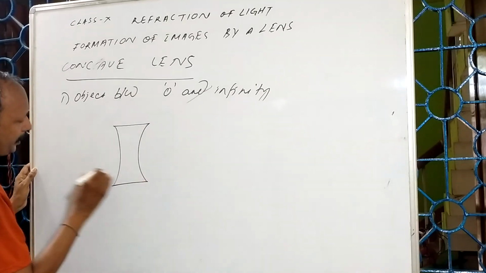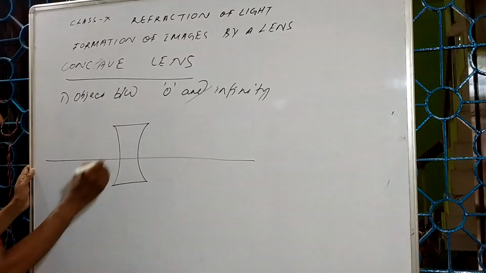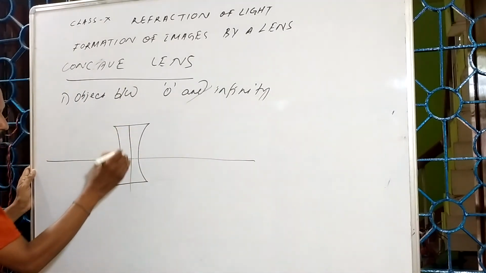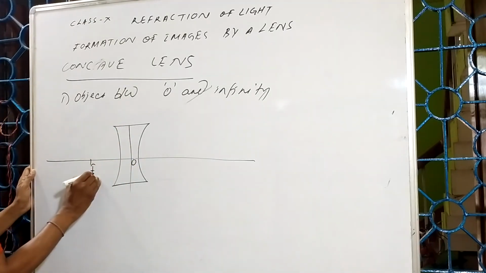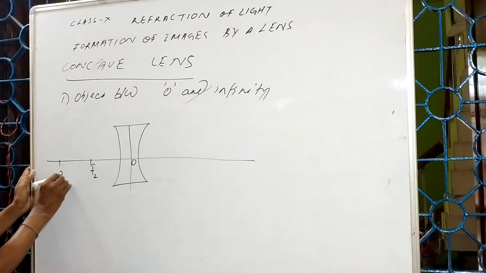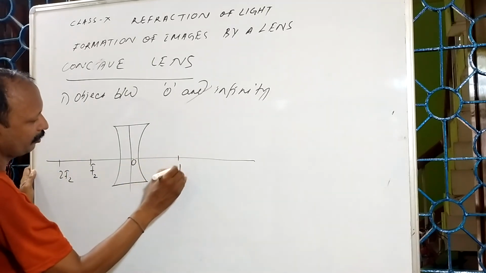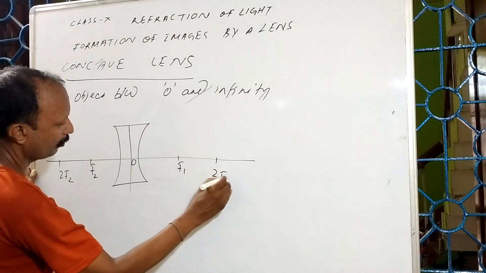This is the biconcave lens. This is the principal axis. This is the plane of the lens. Optic center. This is F2. This is 2F2. This is F1. This is 2F1.